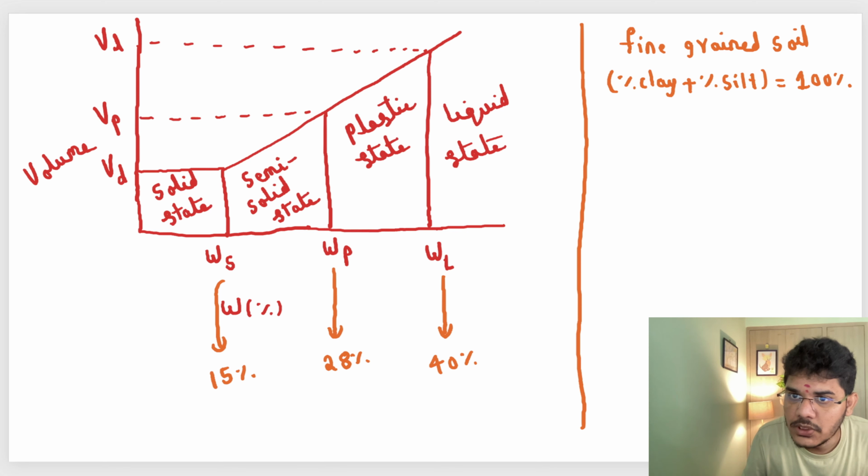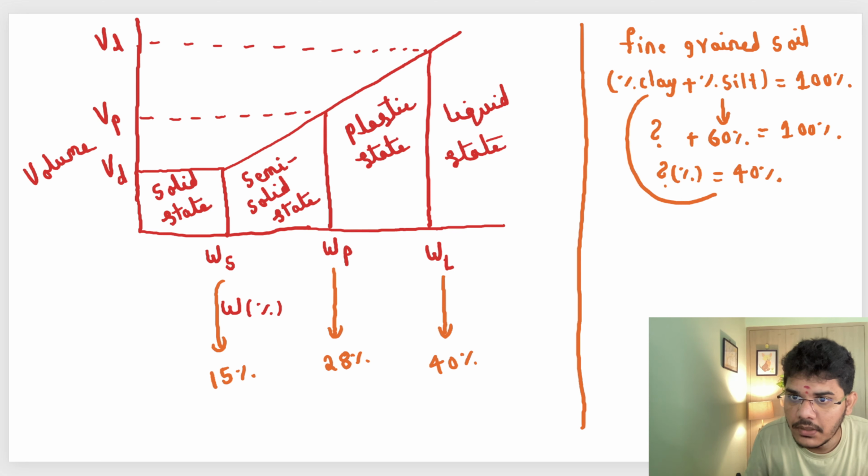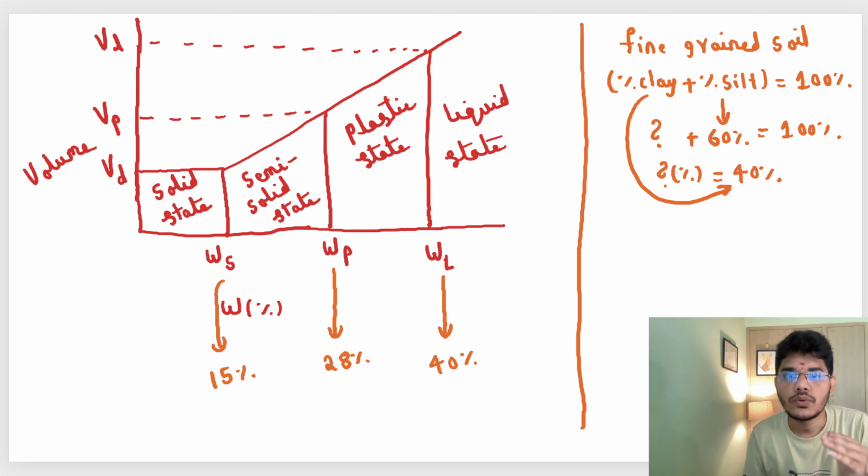In the problem he has mentioned silt content is 60%, but we don't know the clay content. So the clay percentage will be 100 minus 60, that is 40%. So we know the numerator, and we know the denominator also.